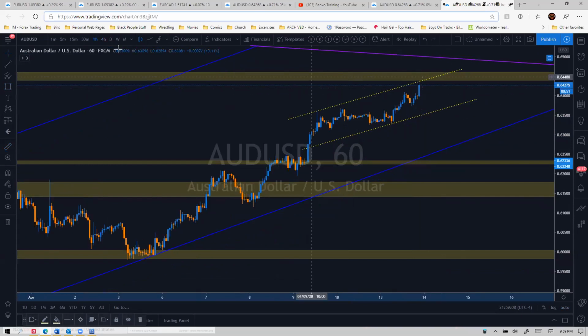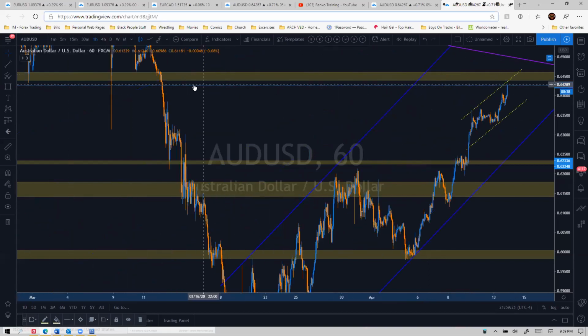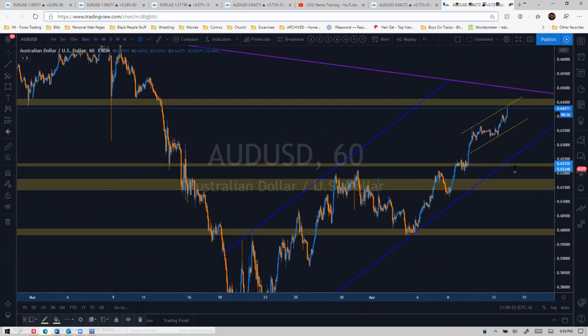Well, I would be looking for it to probably drop in this ascending zone, this ascending channel here, drop down, and then probably look to the left a little. Okay, probably go down, try to get a better entry or a little closer area.